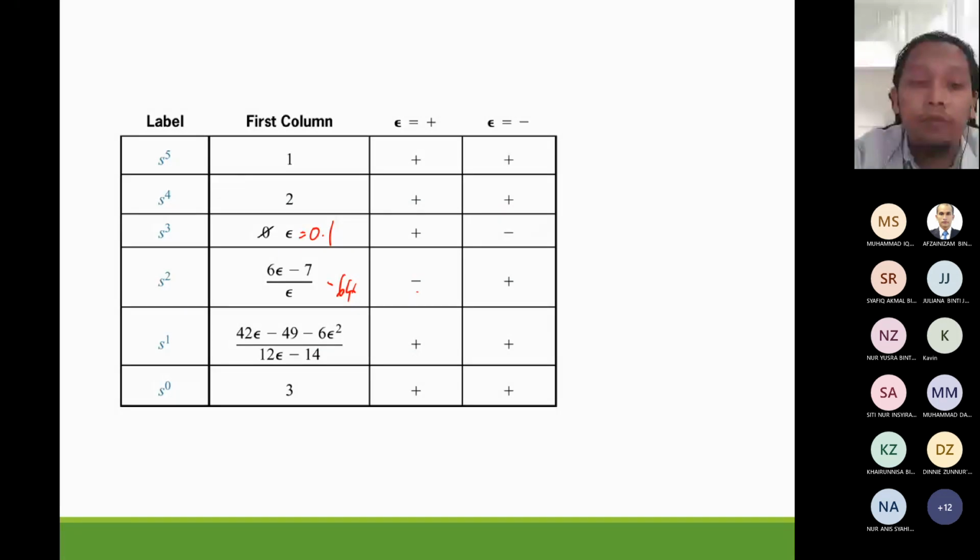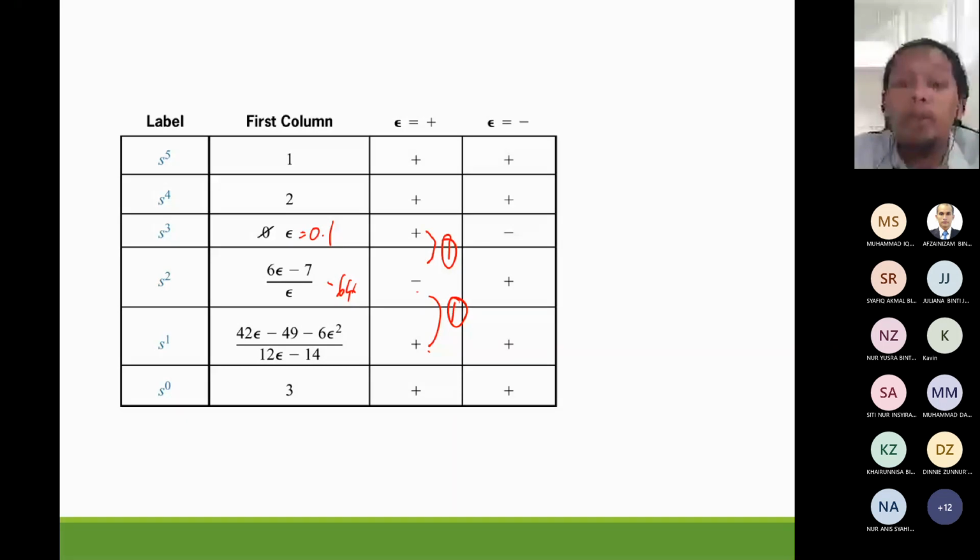Then you do the same for row S1, assuming epsilon is 0.1, and you get positive. Row S0 is already positive. So there are two sign changes, one here and one here.